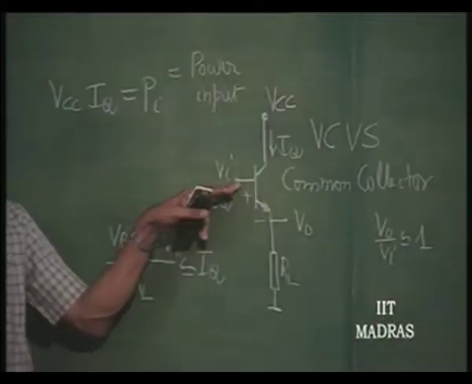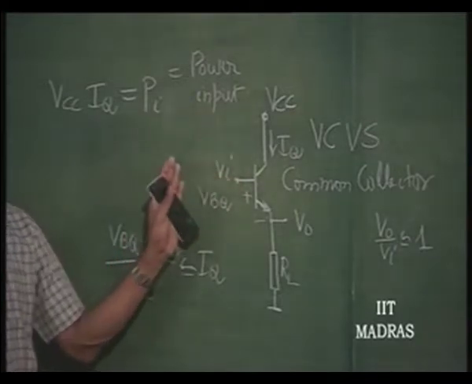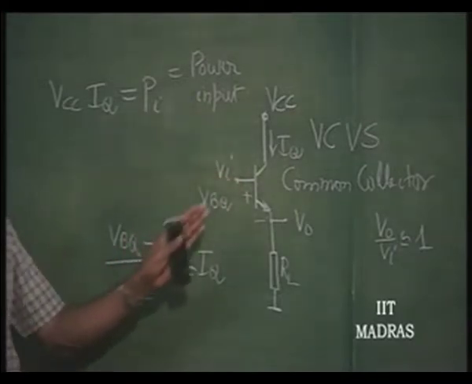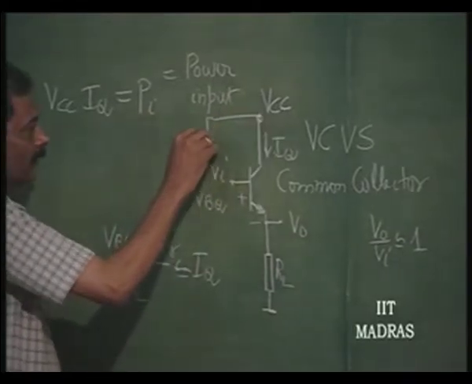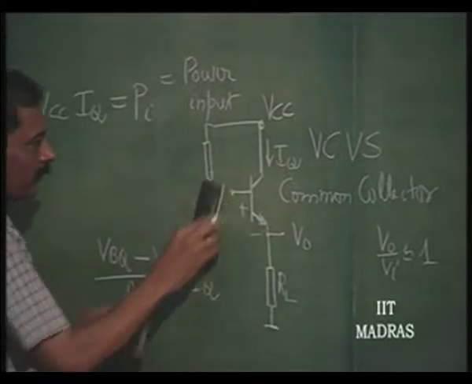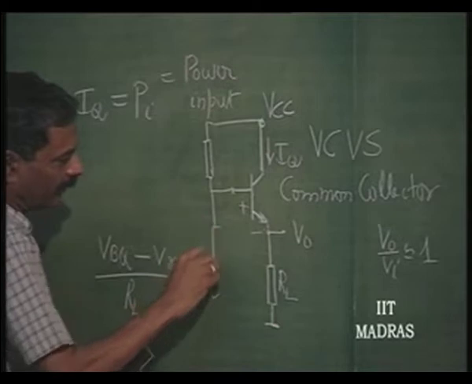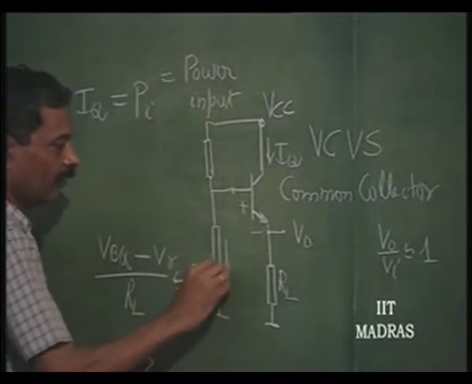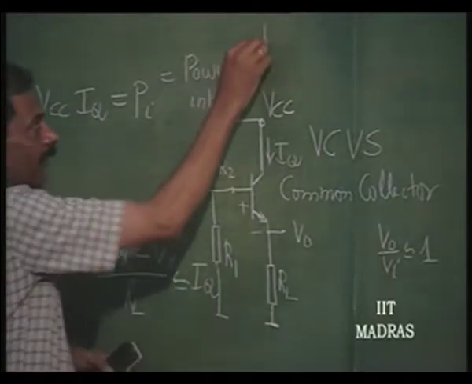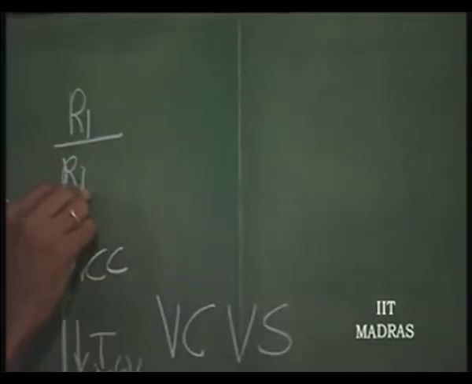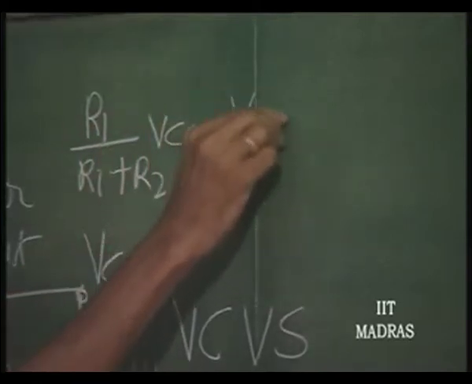This current being beta times less, okay, the biasing circuits etc., if they are needed here, for example, how do you get VBQ? You can put maybe a resistance arrangement here. This we have already discussed earlier. Thevenin's voltage you can generate by putting R1 here and R2 here and making R1 by R1 plus R2 times VCC equal to VBQ.